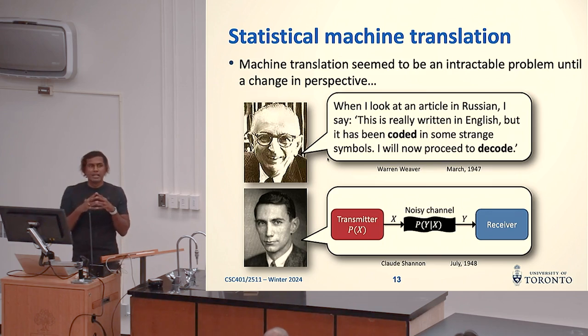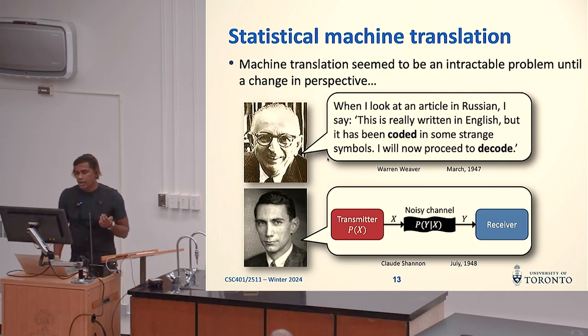So the idea is that when we look at some foreign language, we're actually looking at the source language in a distorted form. If I hear someone speaking French to me, or if I see a French sentence, it's actually English, but it's distorted through going through some channel, okay?